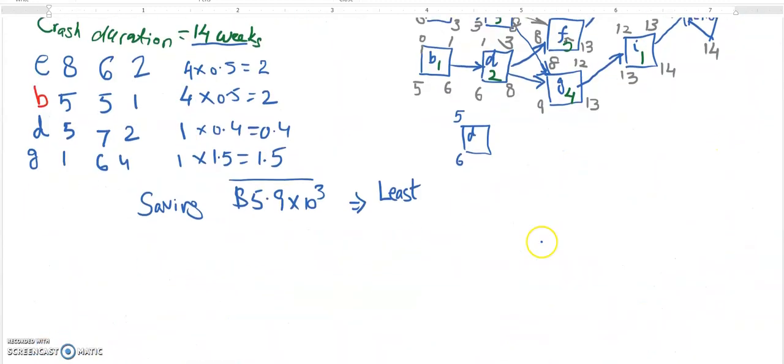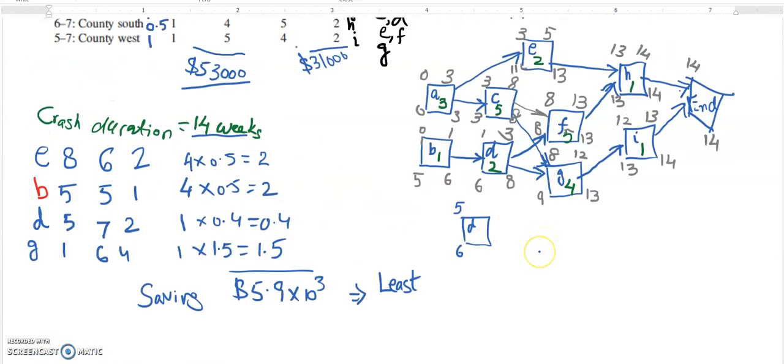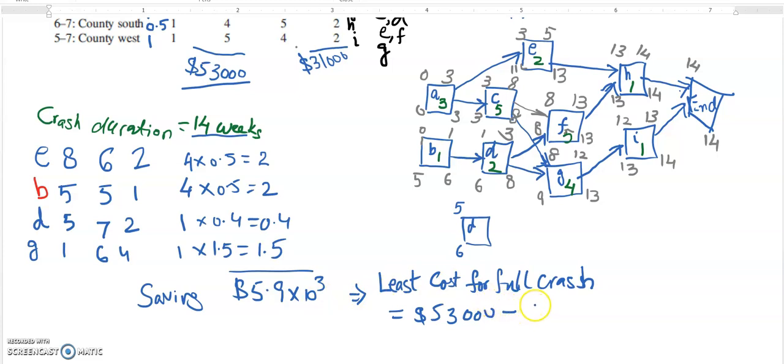Okay, so the least cost for full crash will be equal to $53,000 minus this saving, which is $5,900. So that means $47,100 will be the least cost.